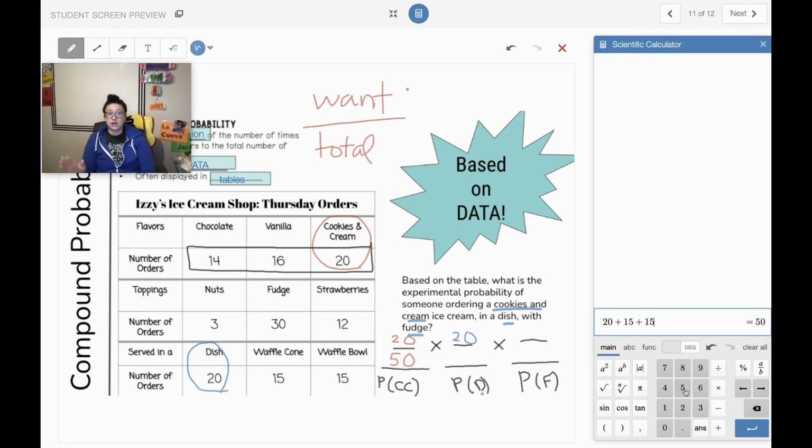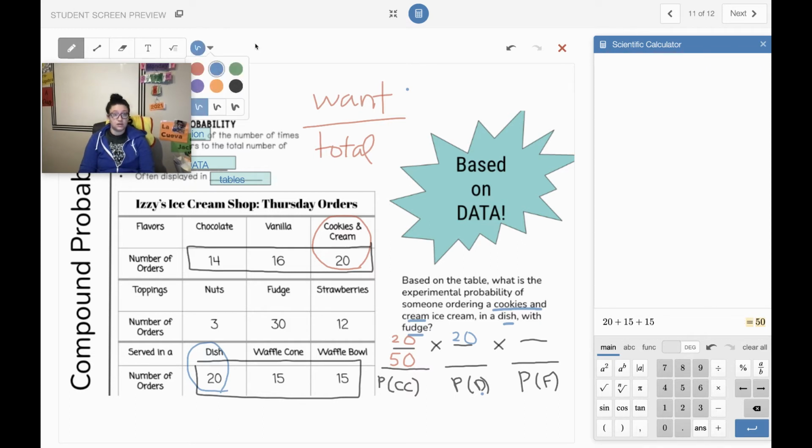It's always good to double check the total number because maybe some people had gotten like 2 scoops, 1 chocolate, 1 vanilla. Maybe the ice cream numbers would be higher than how it was served. So you always want to double check. If we add up those numbers for all the orders, it's still 50.